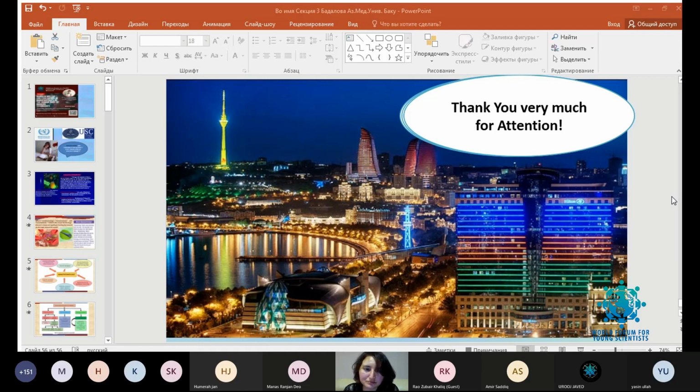Actually, I have also worked on synthesizing nanoparticles by using fungal species, and we have identified that they produce silver nanoparticles in the presence of stress. We have given them stress, so they produce silver nanoparticles.